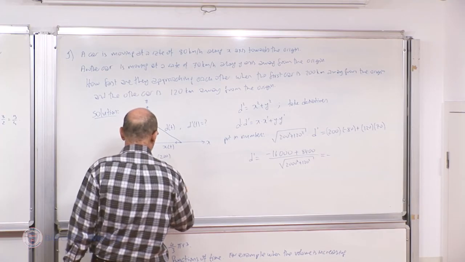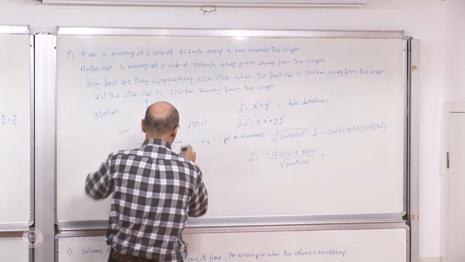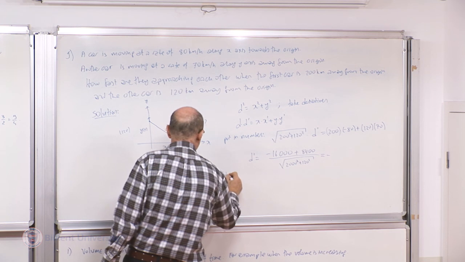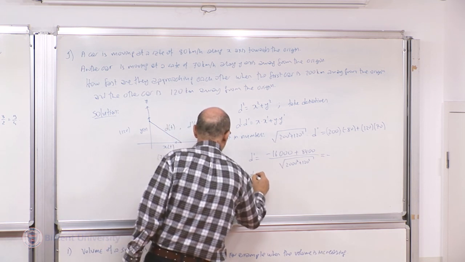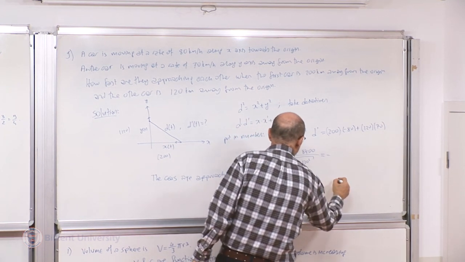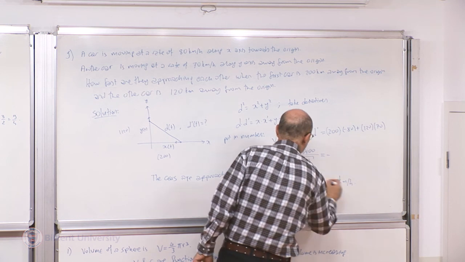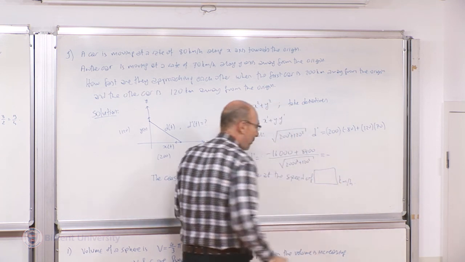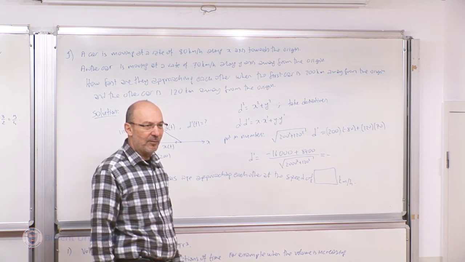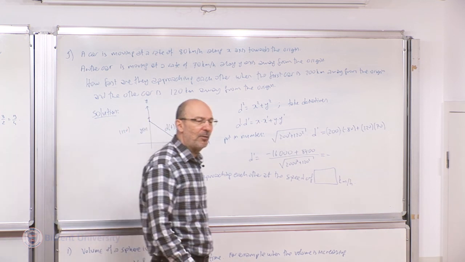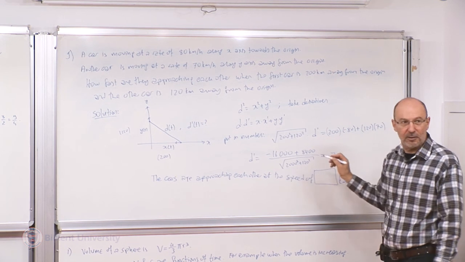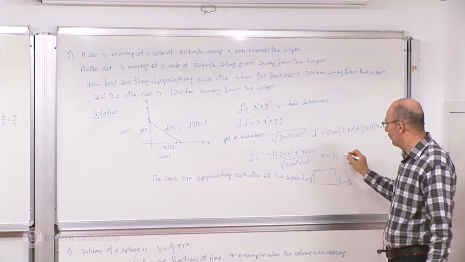Since this is decreasing, the cars are approaching each other at the speed of so many kilometers per hour. So here we are waiting for the number. What is it approximately? Minus what? 600 something.